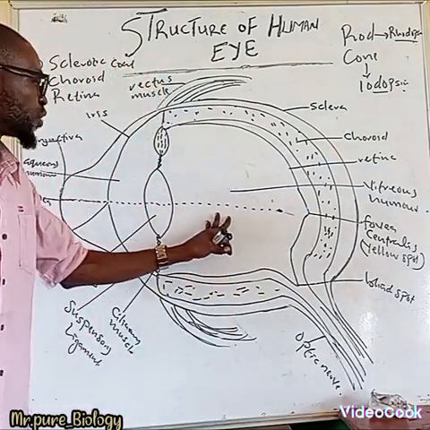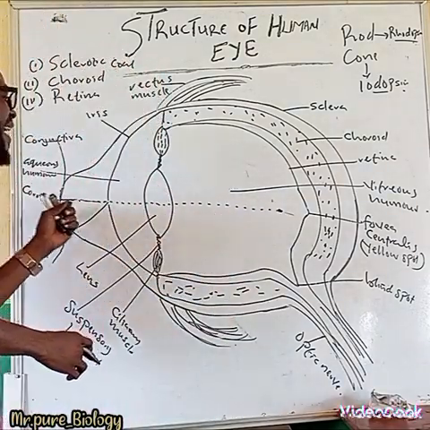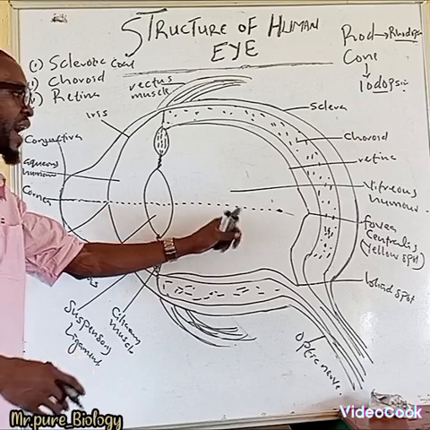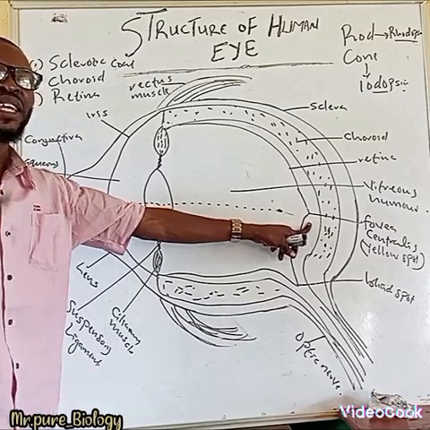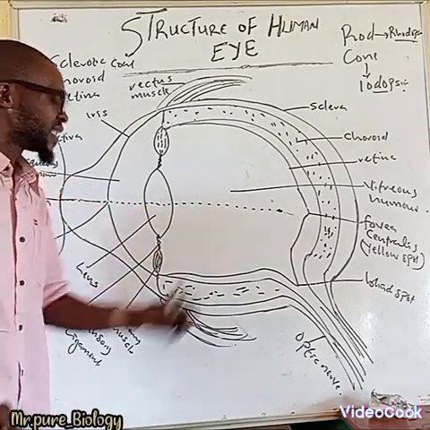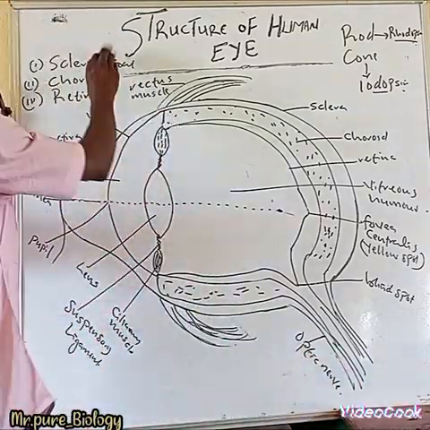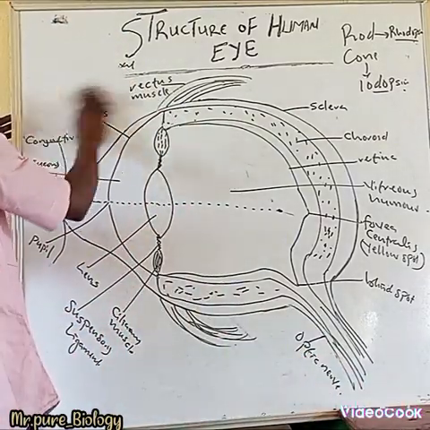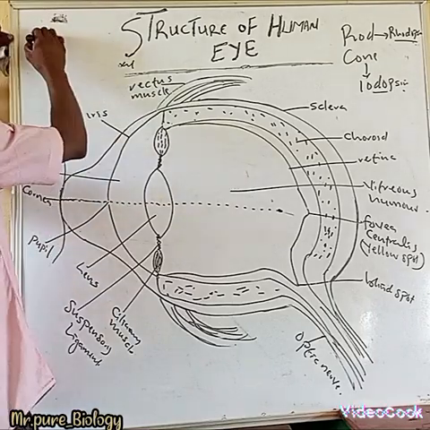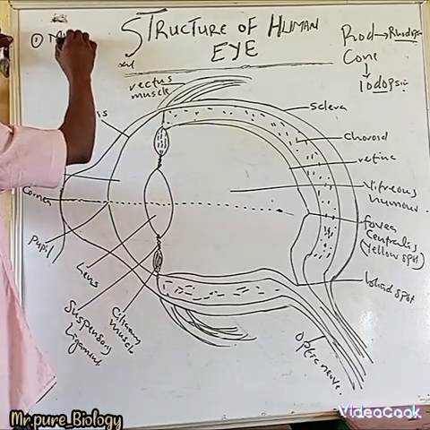In this kind of situation, the light that enters the eyeball does not reach where the image will be interpreted. This case is what we call short-sightedness, that we call myopia. This is myopia.